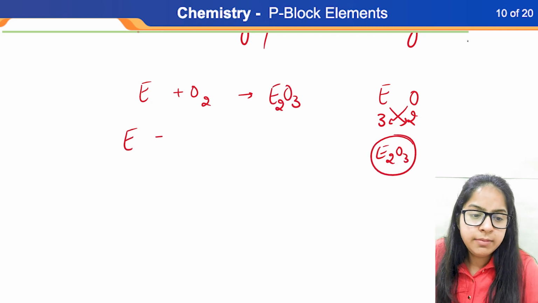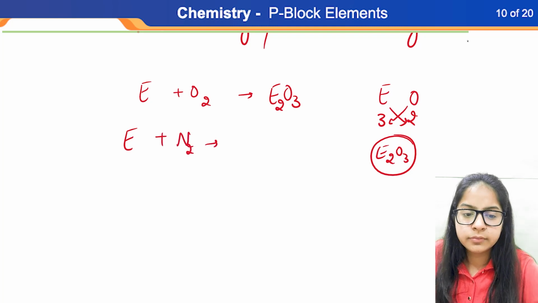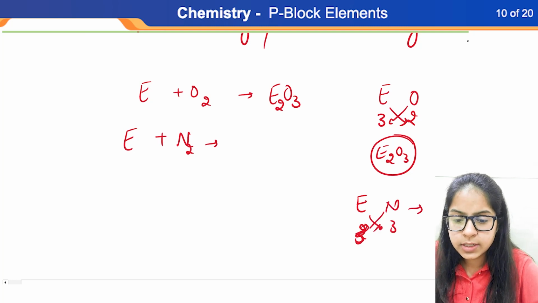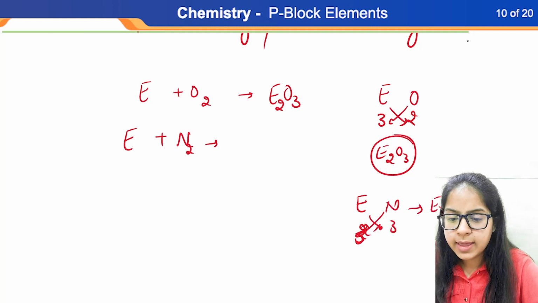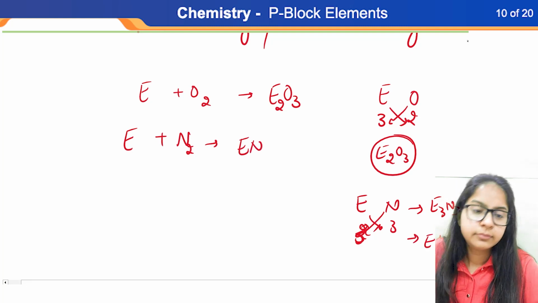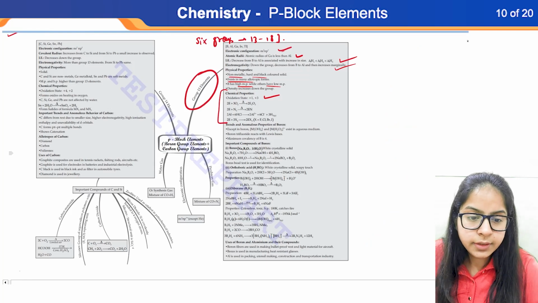E2O3. Now the element with nitrogen. So then the element has 3 oxidation state, nitrogen has 3 oxidation state. So you will have E3N3, but the overall formula is EN. Okay. This is in heat.